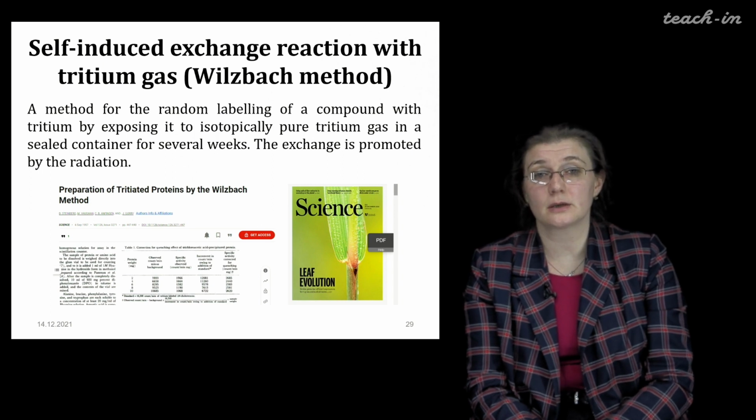After a tritium atom undergoes beta minus decay, it forms helium-3, an isotope of helium.